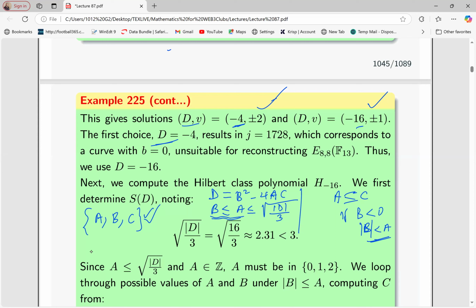Now, if you're writing your code, how does your code get A? How does it get B? How does it get C? How does your code do this?